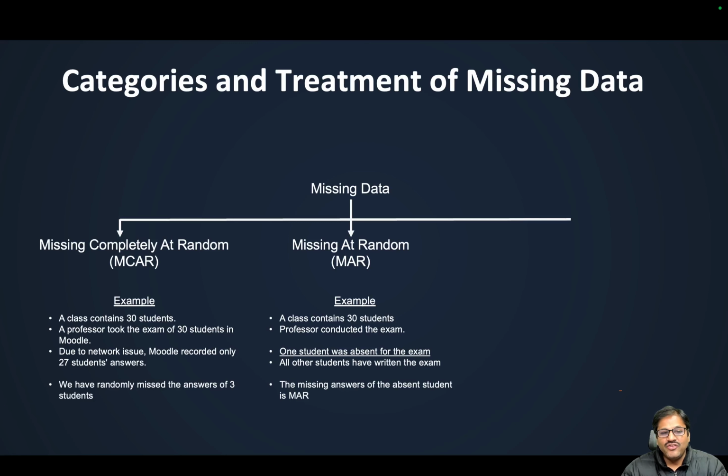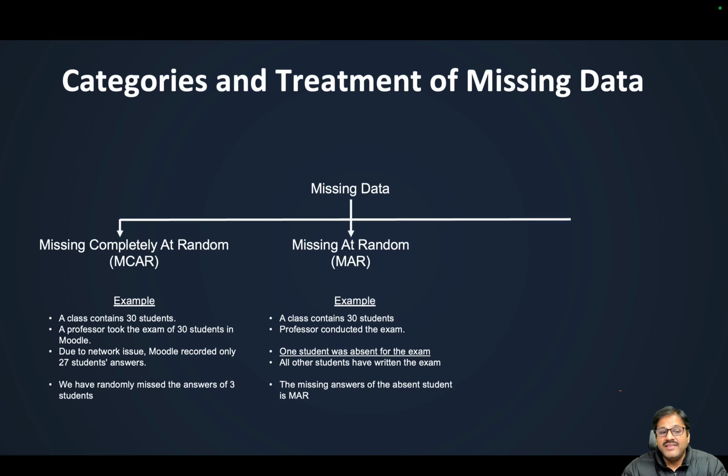If one student has skipped attending the exam while others have written the exam, then the missing answers of the student who skipped the exam is called MAR, that is missing at random.